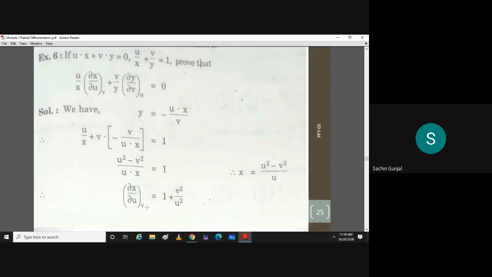So it is u square upon u, which is u, the derivative is 1, minus 1 by u, the derivative is minus 1 by u square. So minus minus becomes plus. So 1 plus v square upon u square is the derivative of x with respect to u treating v constant.